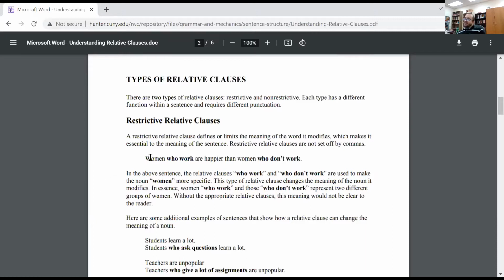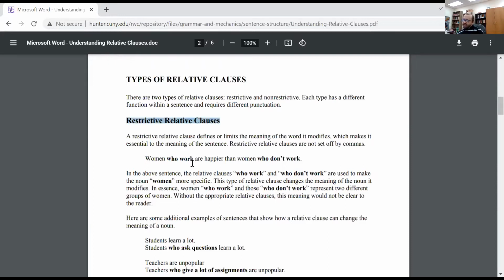So in this sentence, you say women who work are happier than women who don't work. Note here that if you cut the phrases out, you say women are happier than women. Well, that doesn't make any sense. That makes no sense at all.